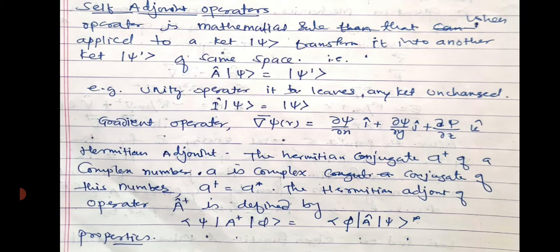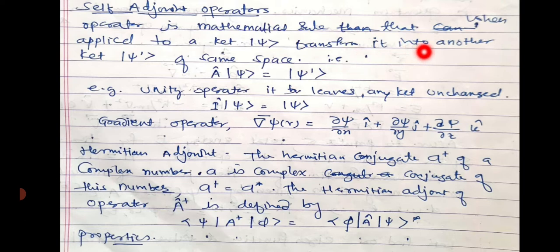Next is the self-adjoint operator. First of all, an operator, we know, is a mathematical rule that, when applied to a ket, meaning a vector, transforms it into another ket, psi dash, of the same space. Same space means the same Hilbert space. This notation we are going to study in detail in the next chapter, but for now remember that ket means vector.